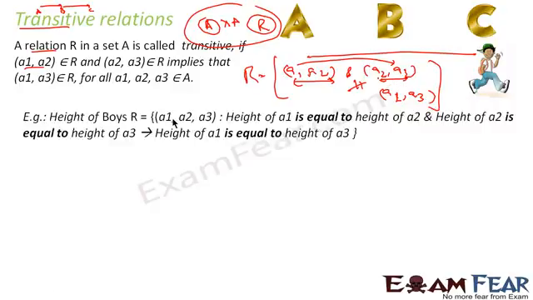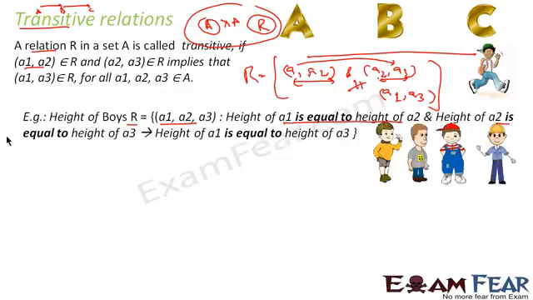So if I say height of boys, I'll take the same simple example. Let the heights of the boys be A1, A2, and A3. Now I'll say height of A1 is equal to height of A2, that is one statement. Height of A2 is equal to height of A3. This implies height of A1 is equal to height of A3.